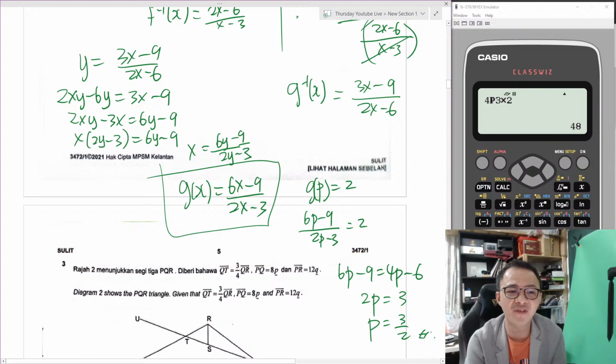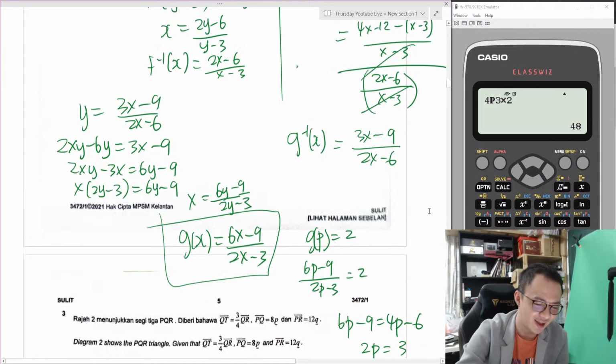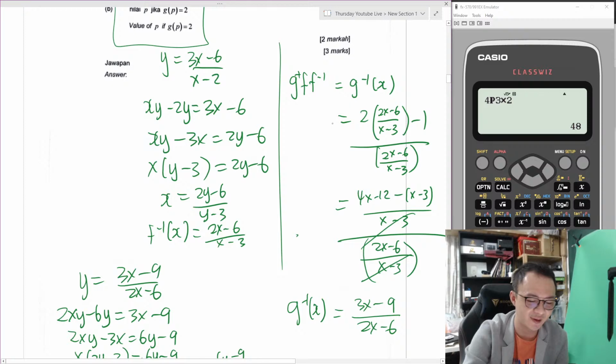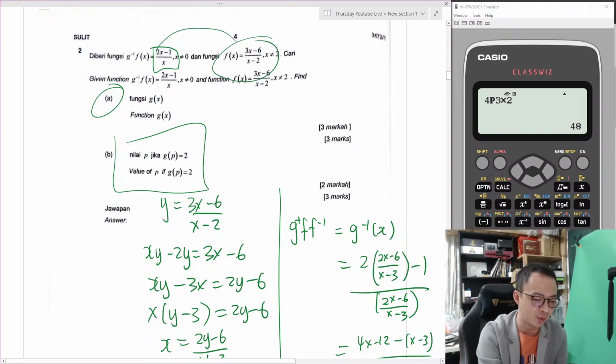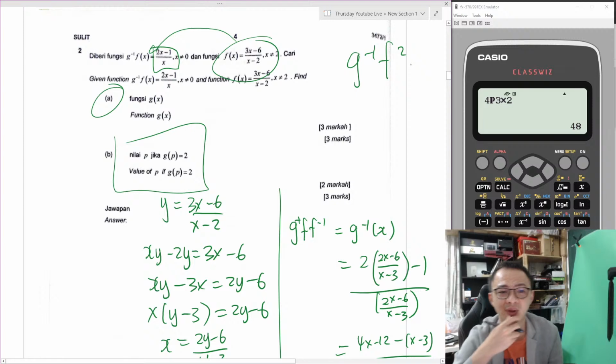You can substitute fx into the g inverse fx to get g inverse then gx. Really? I can just sub my fx into it? Because if I sub the fx into here, I'm thinking I actually get g inverse f2.